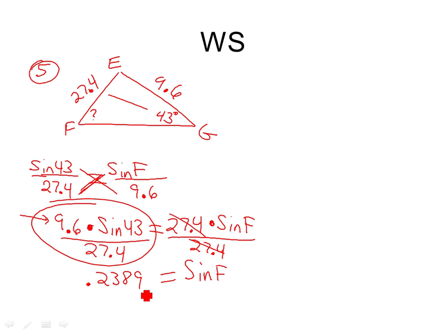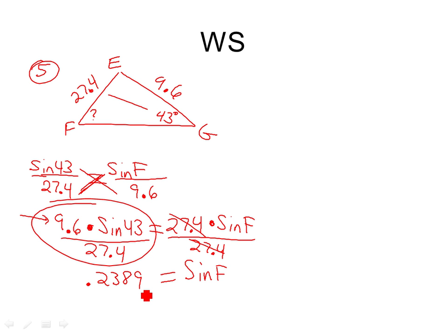Hang on, let's try it. Everybody grab their calculator. That's the whole point of having them. 9.6 times sine 43 equals, divided by 27.4. Close enough. Yeah, that's what I got. All right. Now, this is what Sophie was asking about.